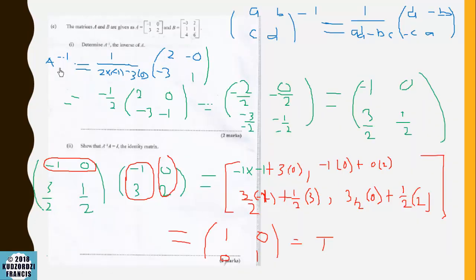So this is the identity matrix. We are supposed to determine the matrix A squared. So negative 1, 0, 3, 2 squared.